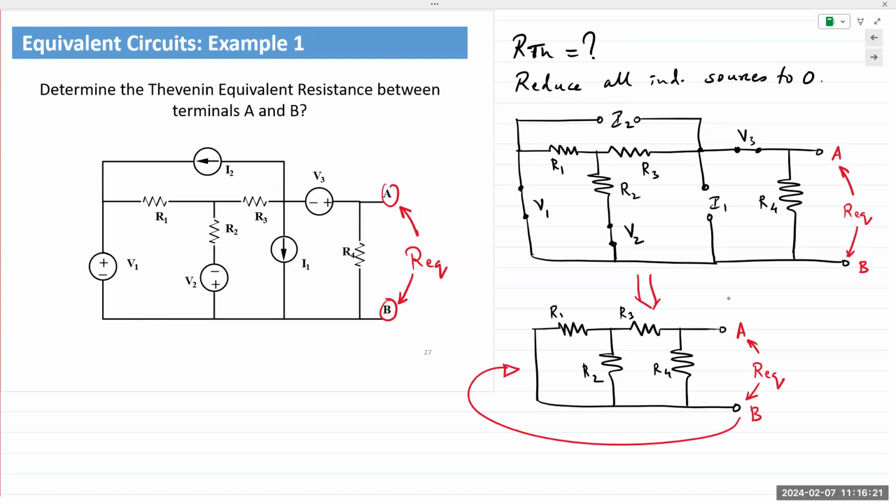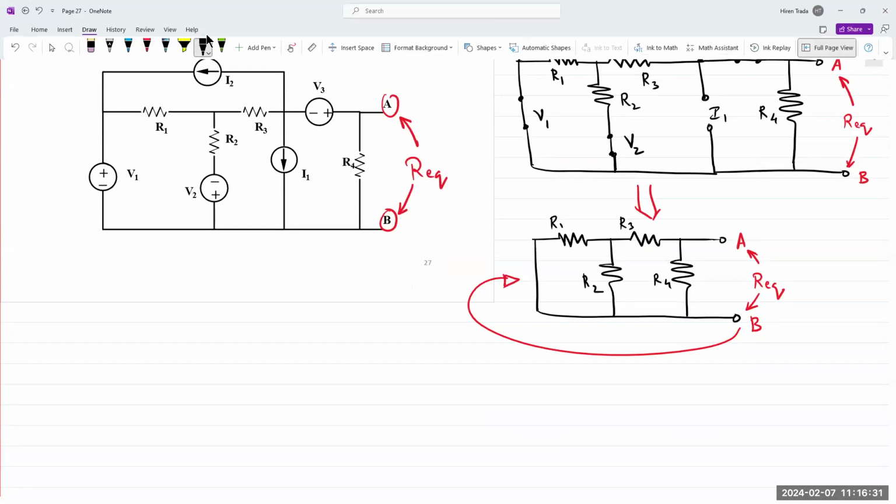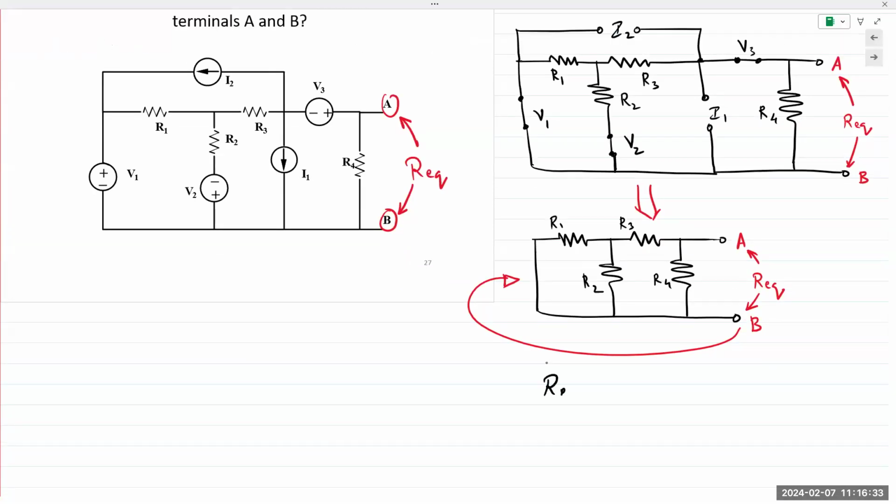What is the relationship between R1 and R2? They are in parallel. So REQ, starting at the farthest end, gives me R1 in parallel with R2, which is then in series with R3, and then finally in parallel with R4.